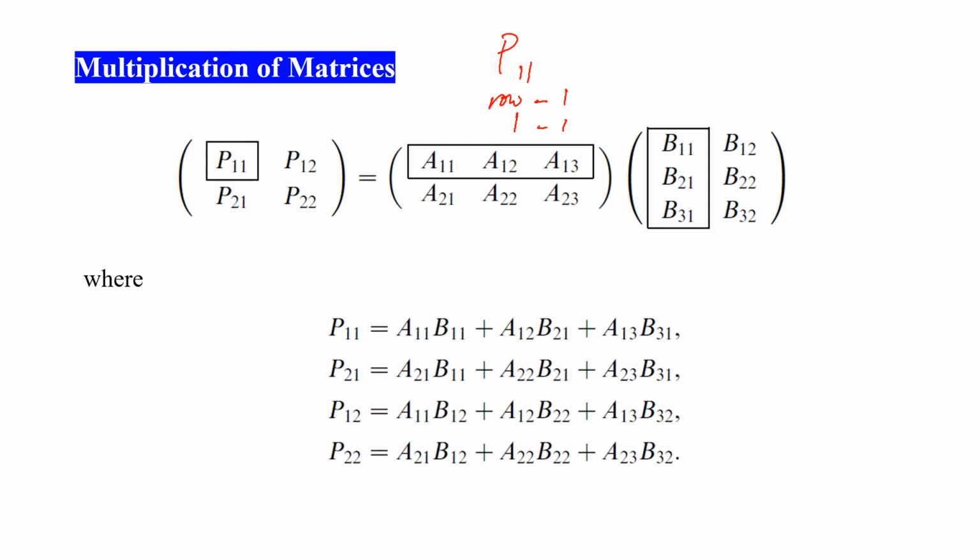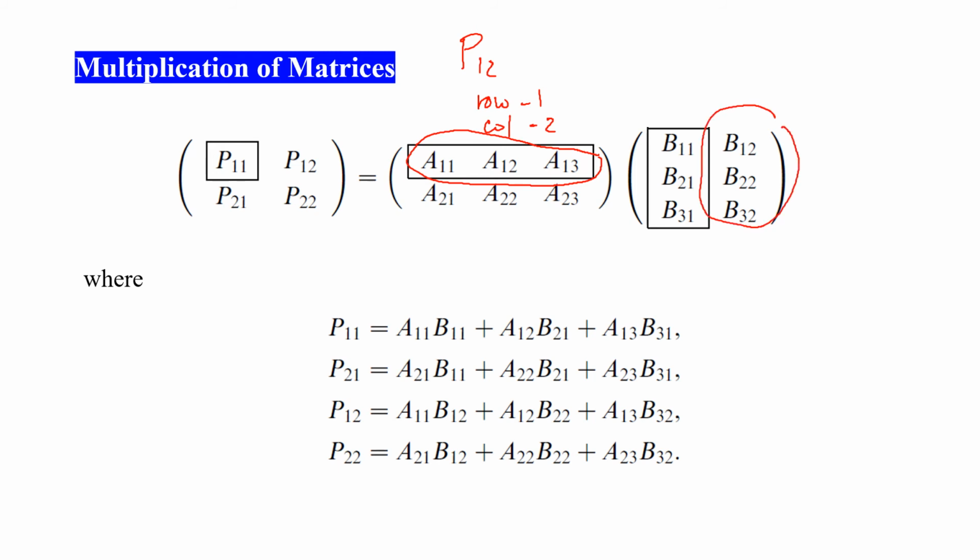Next, let's solve for your P12. Your P12 has row 1 and column 2. So we take your row 1, still this one, and your column 2, this one here.